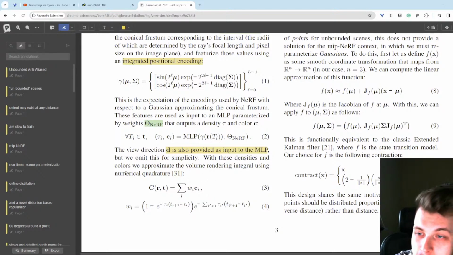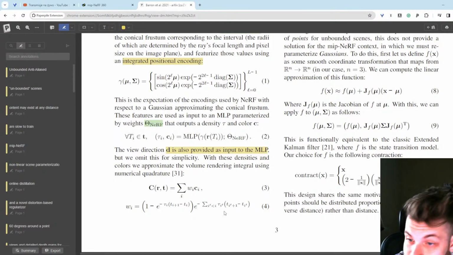With these densities and colors, we approximate the volume rendering integral using numerical quadrature. So this is our standard integration of the color for the pixel. We take the weight and multiply it by the color for all of these intervals, and this weight is calculated using the density here.